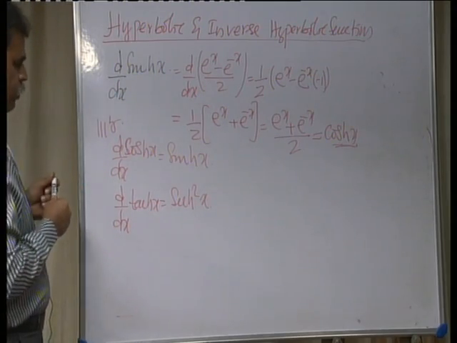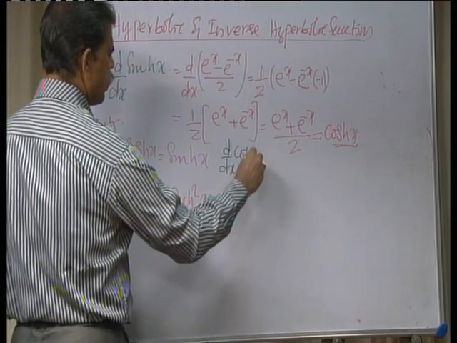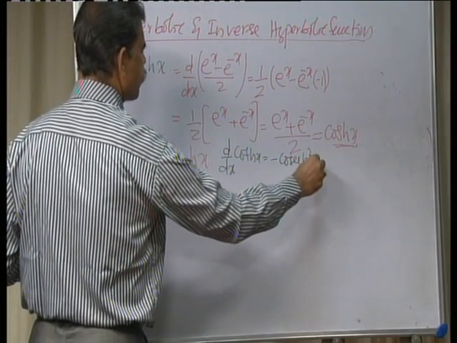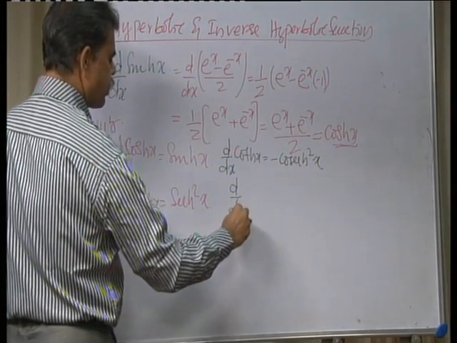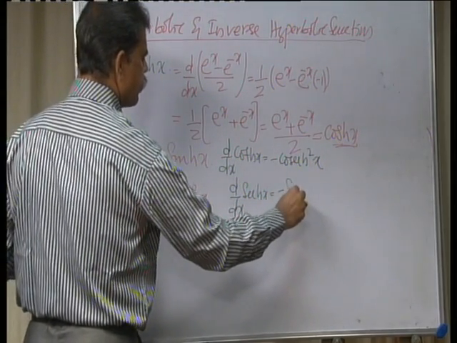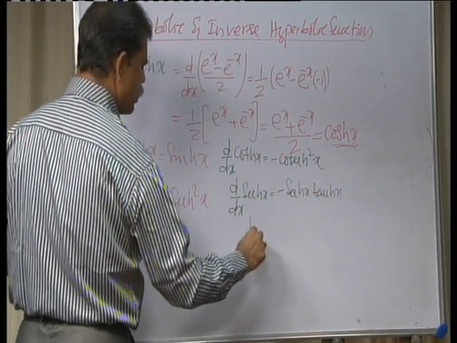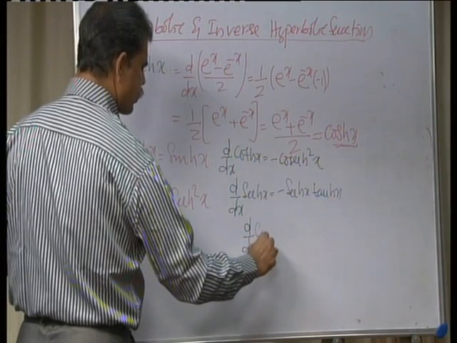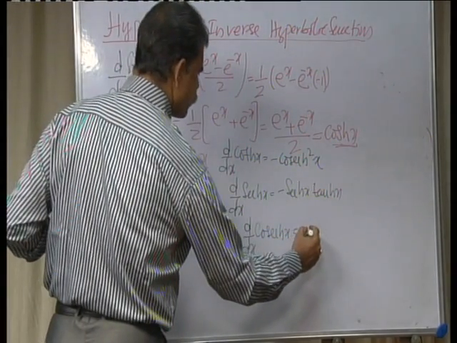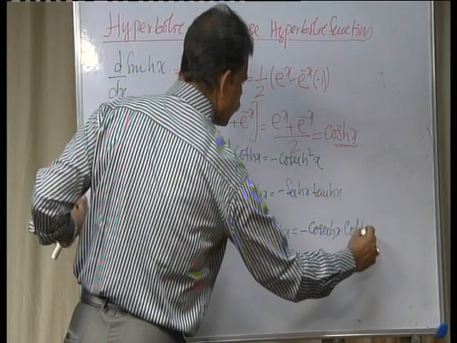Similarly, I can show the derivative of cot hx is always equal to minus cosech square x. D by dx of sech x is minus sech x into tan hx. D by dx of cosech x is equal to minus cosech x into cot hx.